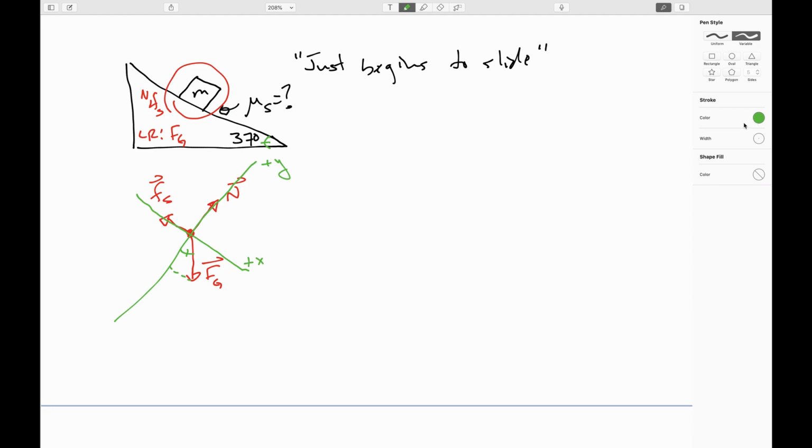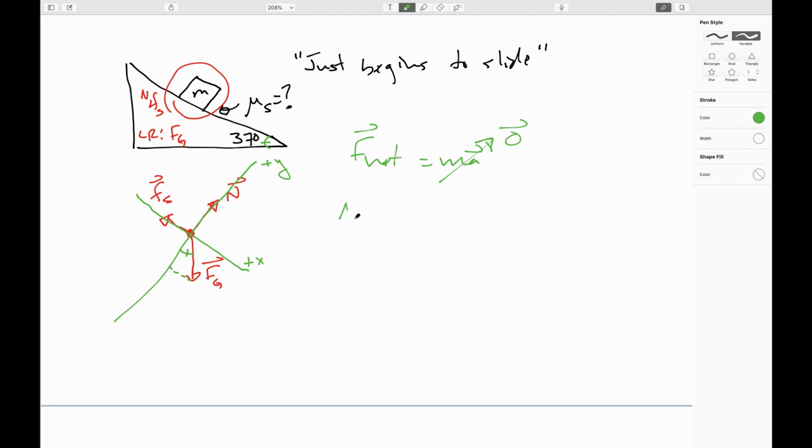So with that, let's go ahead and start expressing Newton's second law for this situation. Now this is an equilibrium situation. In fact, it's static equilibrium because it's not moving at all. So we can start by saying F net equals ma. And here the acceleration is the zero vector.